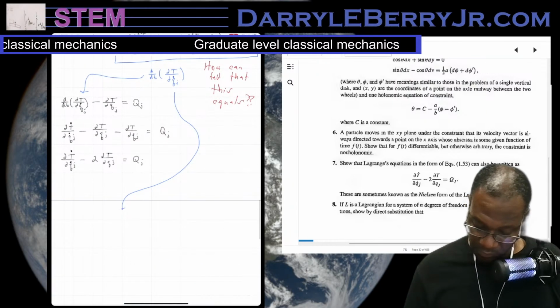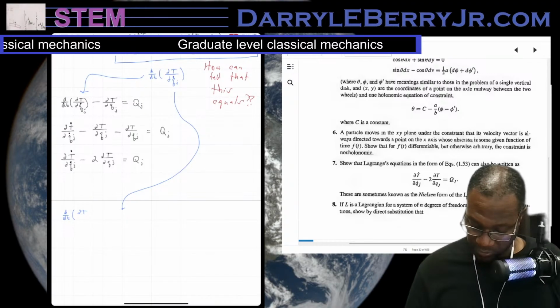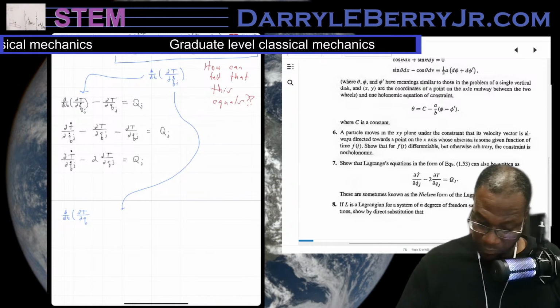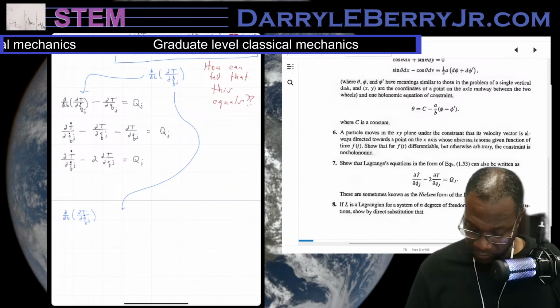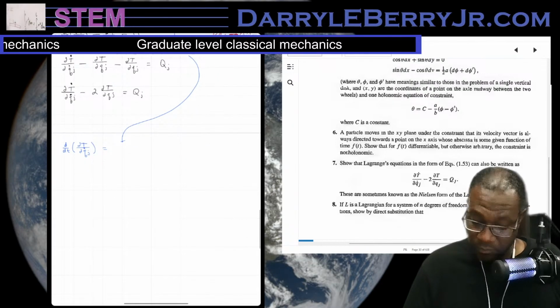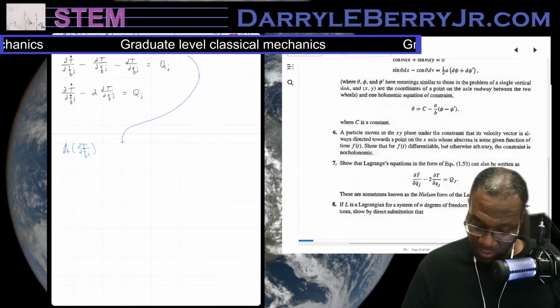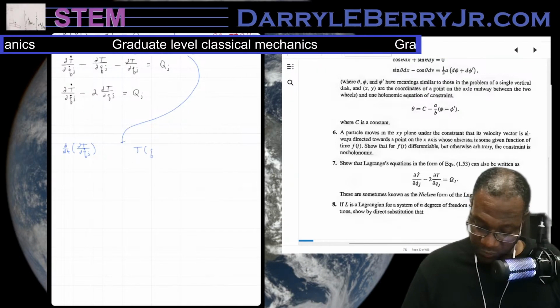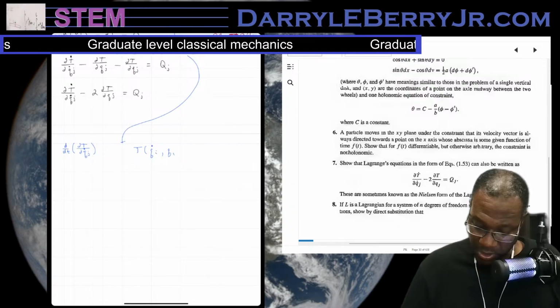So we have d dt of partial T over partial q dot j. T is a function of q dot I, q I, and t.